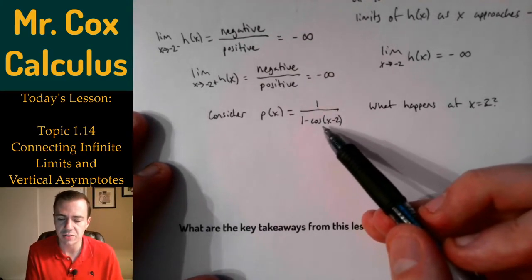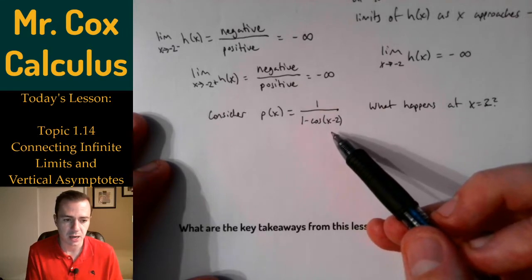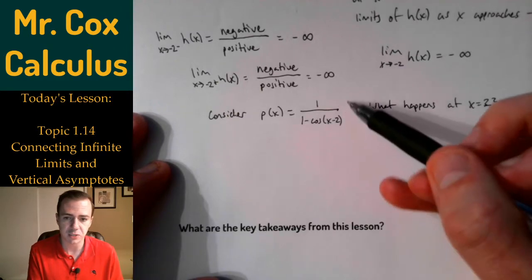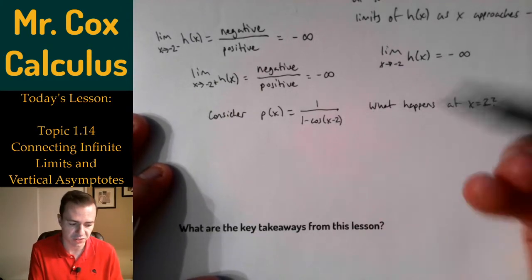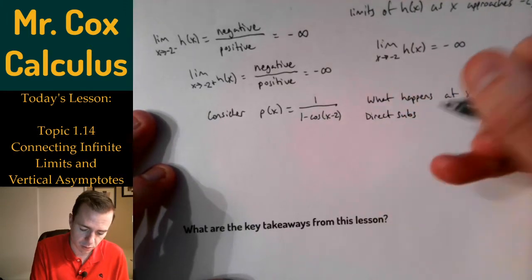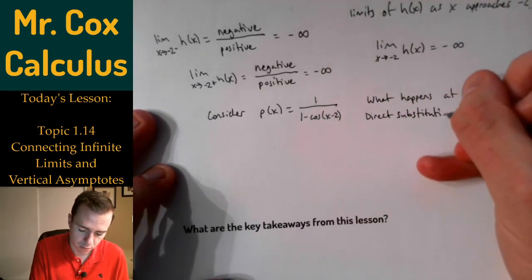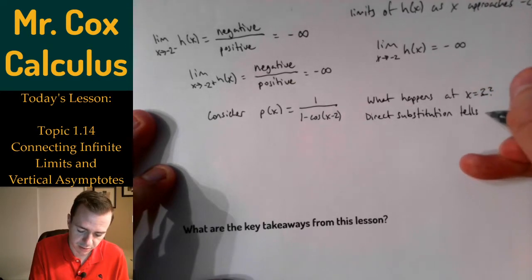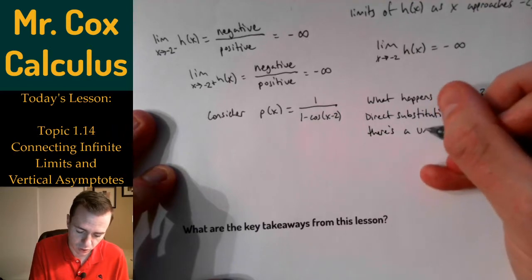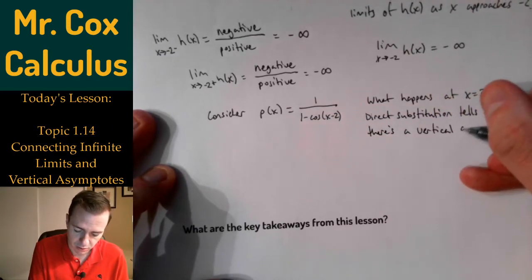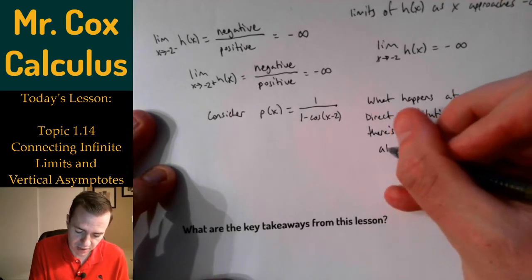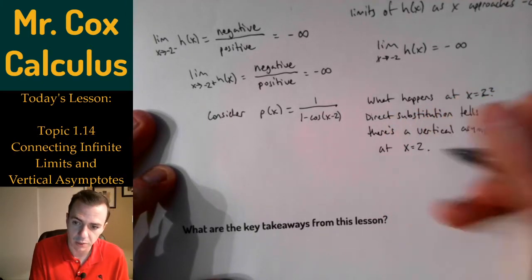Down here in the denominator, the cosine of 2 minus 2, the cosine of 0 is 1, so I get 1 minus 1. Direct substitution gives me 1 over 0. So direct substitution tells us there's a vertical asymptote at that value, x equal to 2.